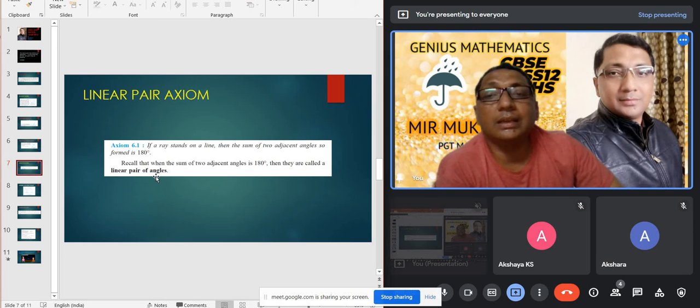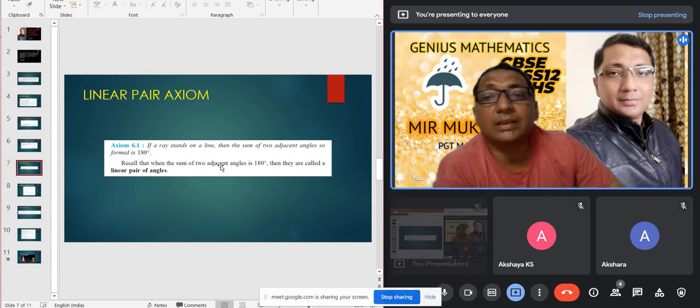So this is called the linear pair axiom. In case of a linear pair, the sum of two adjacent angles will always be 180 degrees. If a ray stands on a line, then the sum of the two adjacent angles so formed is 180 degrees.